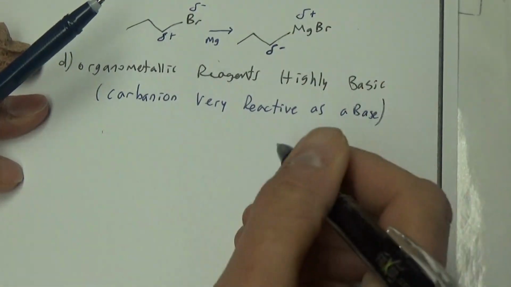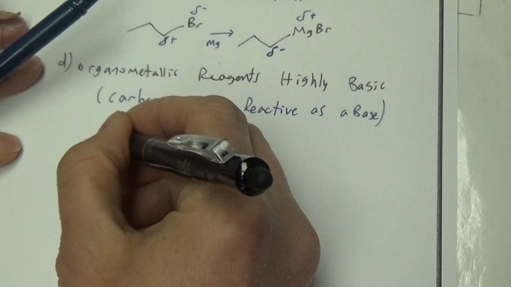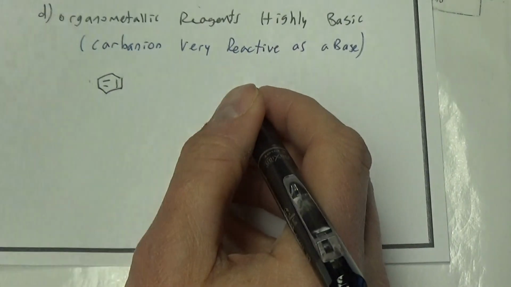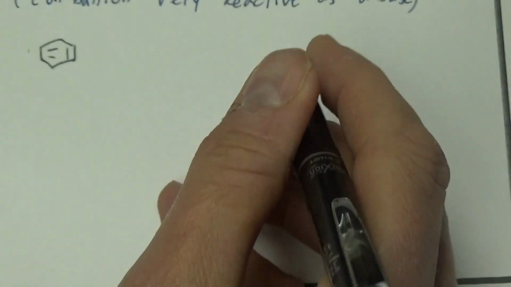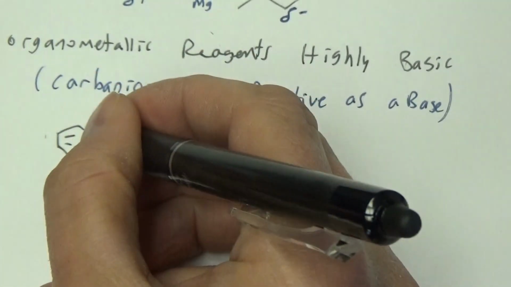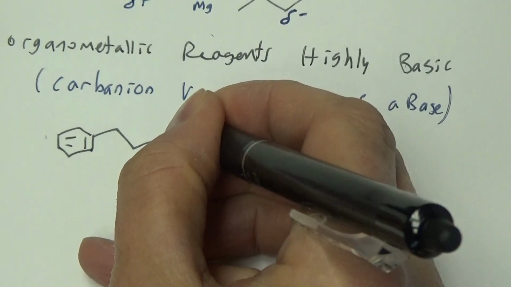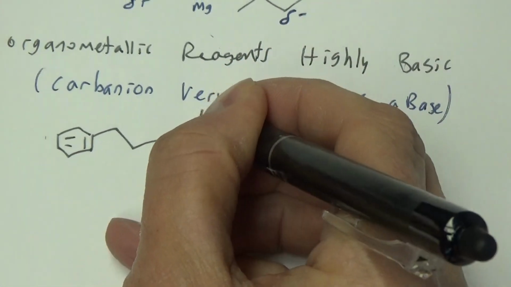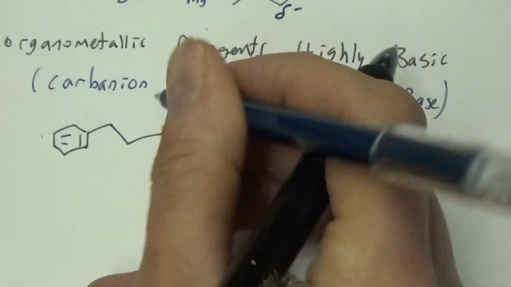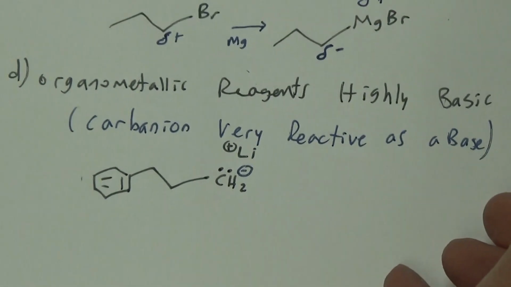How do we quantify basicity? Like if I'm considering a random organolithium, I'll draw it in this anionic form, lithium plus. So we have our little organolithium.